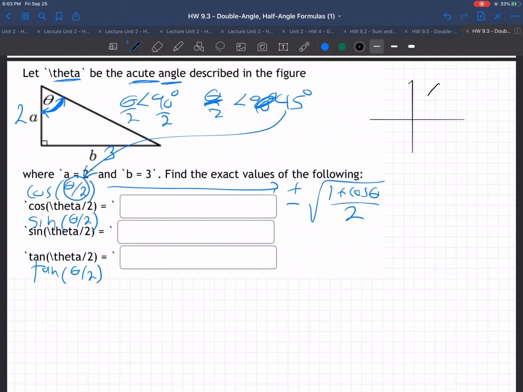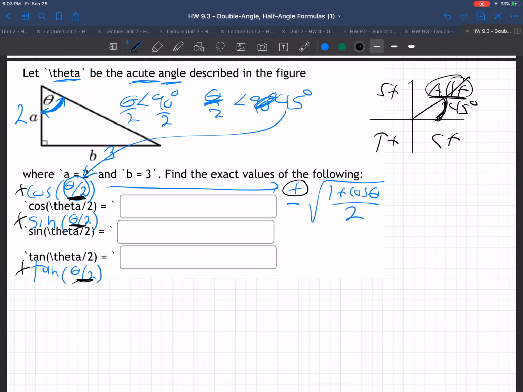So cosine's going to be positive. Sine's going to be positive. Tangent's going to be positive. They're all going to be positive. How do I know? Because the angle theta over 2 that they're asking me to find must be less than 45 degrees, must be in the first quadrant where all trig functions are positive. How do we know? Because the original theta is less than 90, clearly, just by looking at it. And then you divide both sides by 2, so theta over 2 is less than 45. It's in the first quadrant.